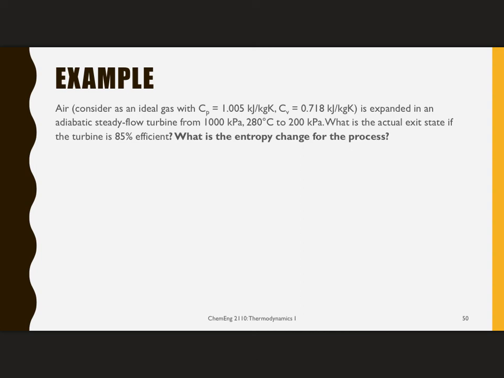What about that entropy change? Well, again, if it's constant C sub P, delta S is C sub P times the natural log of T2 over T1 minus R ln of P2 over P1. I selected this equation because I have pressure information and I don't have volume. If I use C sub V, I need volumes.